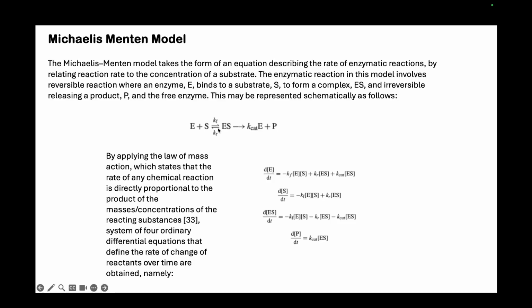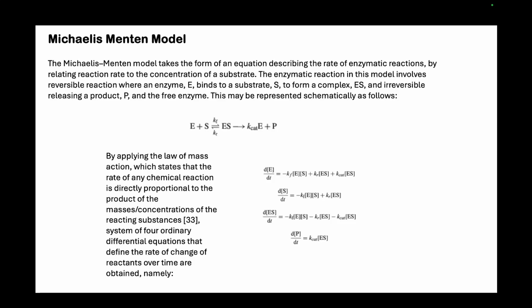And also from this enzyme substrate complex there is another reaction rate associated with it, which ultimately forms your product and gives back your enzyme. So this is the whole reaction on which the model is built.